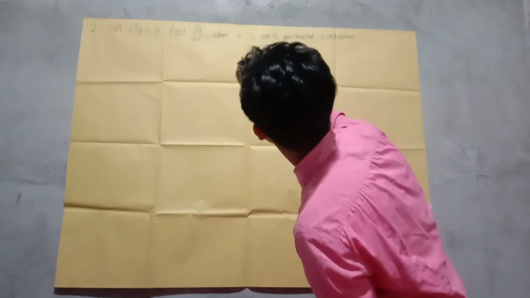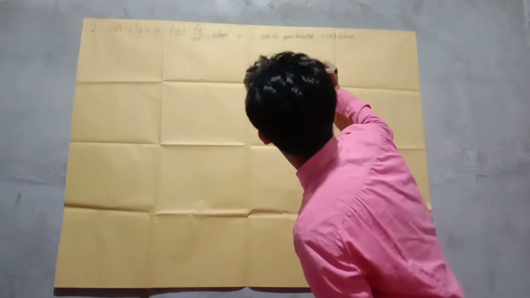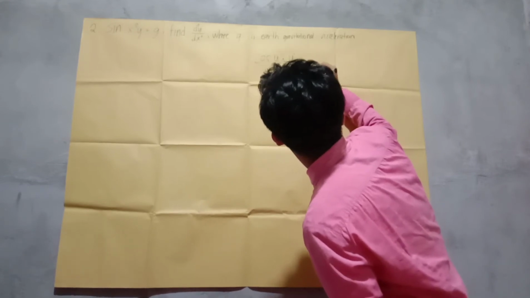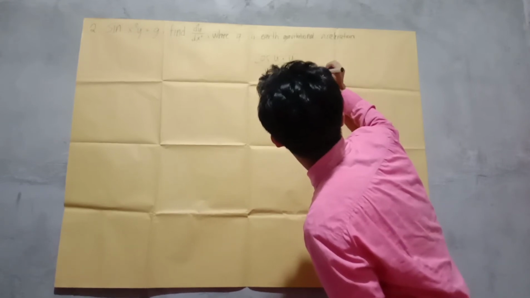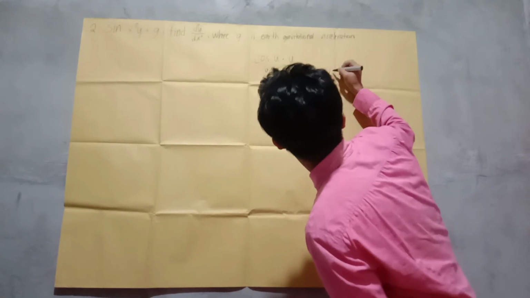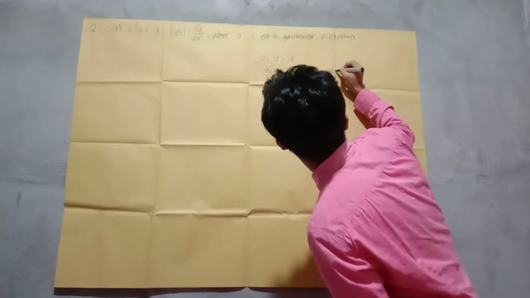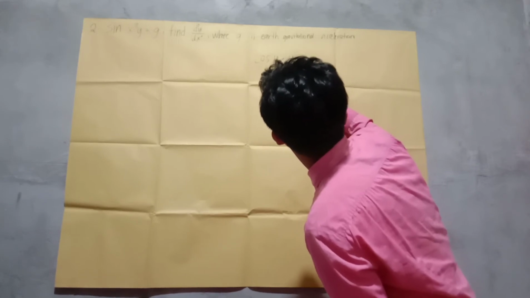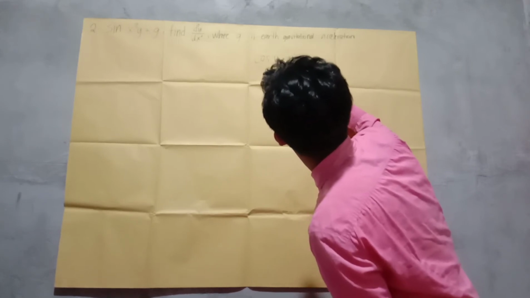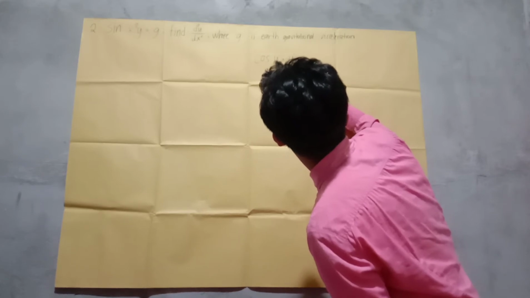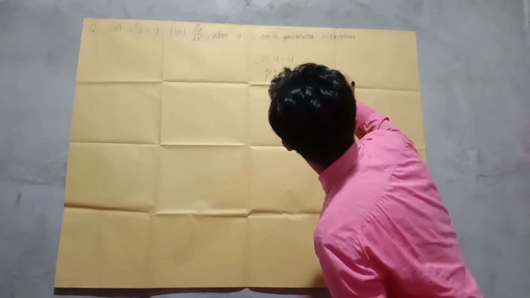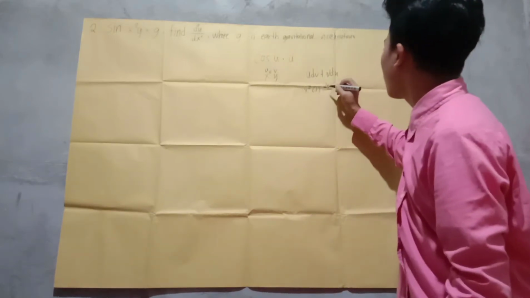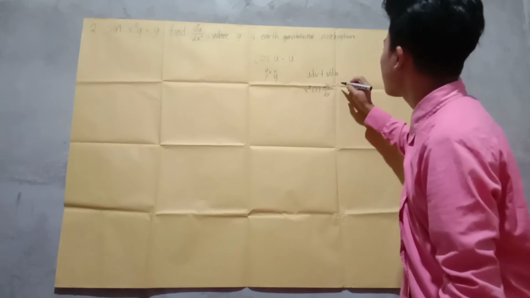So in this case, we need to apply the product rule of differentiation, u dv plus v du. So we keep x squared, the derivative of y is 1 dy over dx.